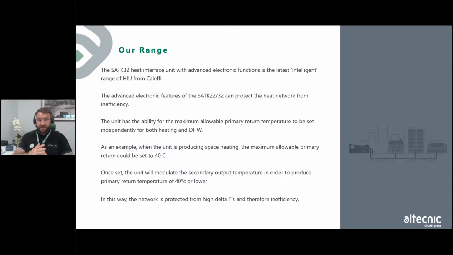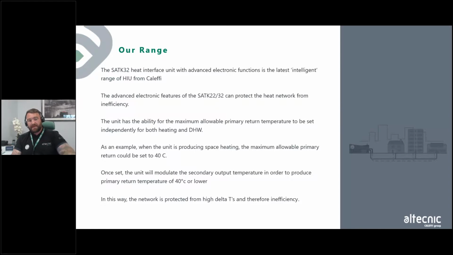The advanced electronic features of the 22 and 32 can protect the heat network from inefficiency. And the key is that we want to protect the heat network. We want the heat network to run as efficiently as possible, so everybody gets the benefit. The unit has the ability for the maximum allowable primary return temperature to be set independently for both heating and hot water. What we mean by that: we've spoken about getting a good return temperature to the HIU. On our SAT K32 we can set what we want that return temperature to be.